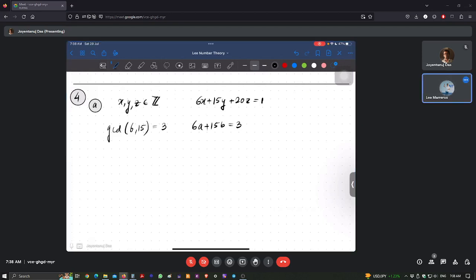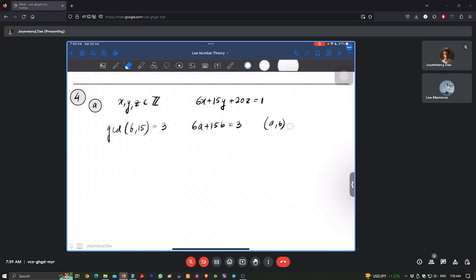The nearest one is a equals minus 2 and b equals 1. So one solution of this will be (a, b) equals (minus 2, 1).